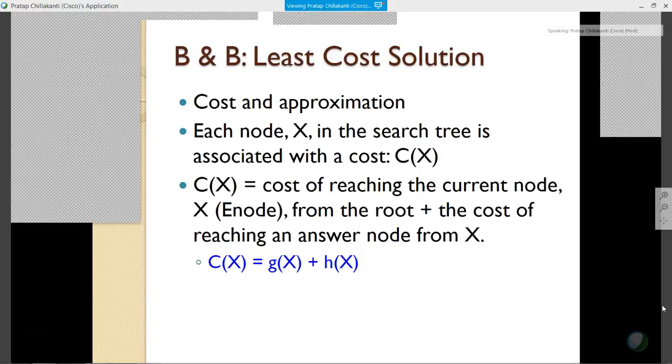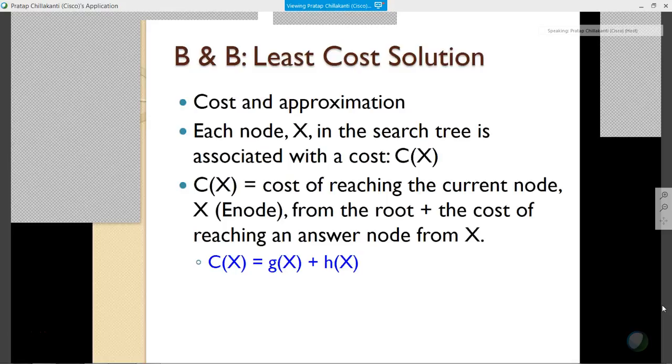So least cost solution is about cost approximation. Okay. Cost is about traversing a tree. Remember, by now you know these solutions are done through trees. Okay. So every node X in the search tree is associated with a cost. Now the way you compute the cost is the cost of reaching the current node from the root.